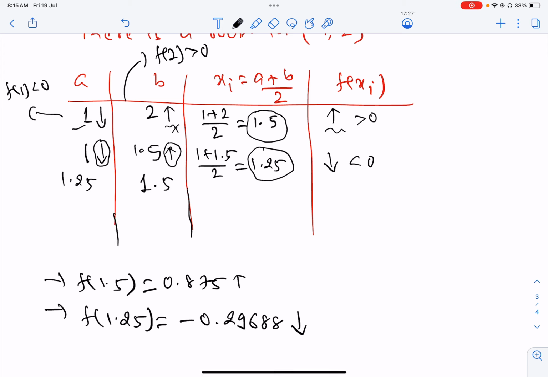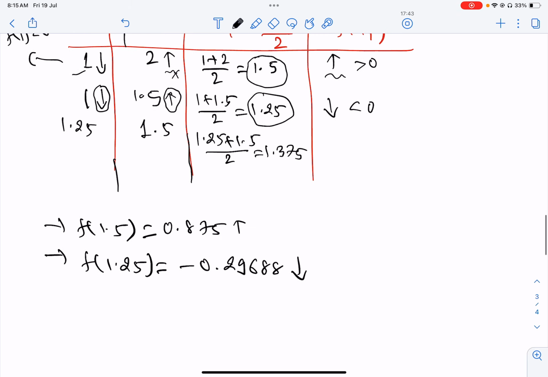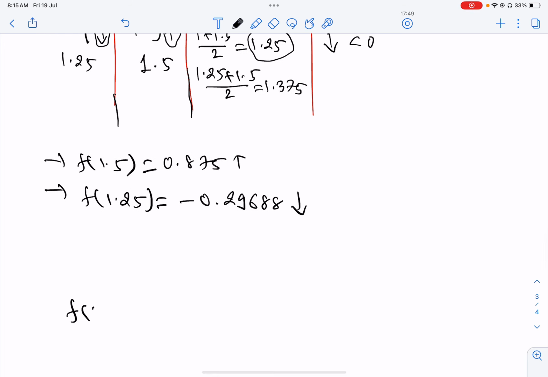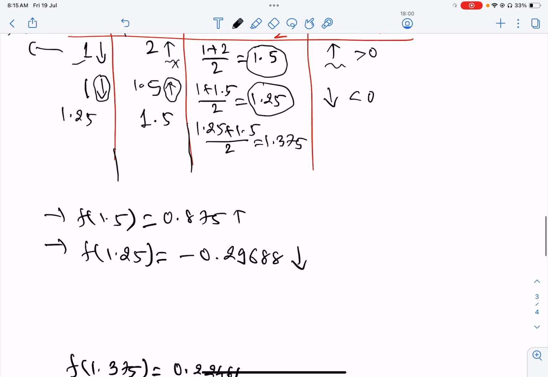You can find out 1.25 plus 1.5 by 2, and then you will get 1.375, and at 1.375 you find out f of 1.375. Use the calculator and you will see that it is 0.22461. That means at this point the value of the function is positive.